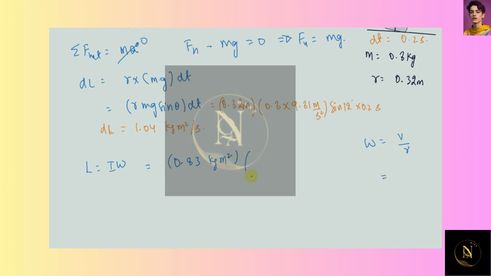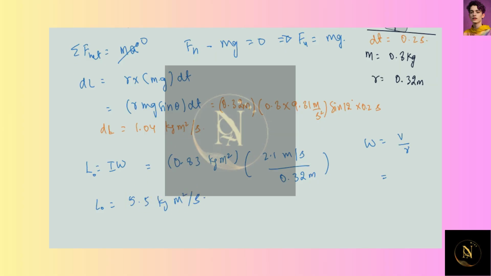V is given as 2.1 meter per second, the initial velocity, divided by the radius, 0.32 meter. So from here we'll get the initial angular momentum as 5.5 kg meter square per second.